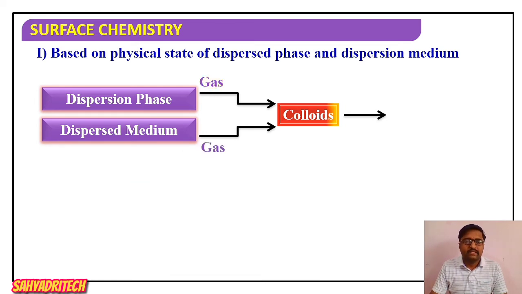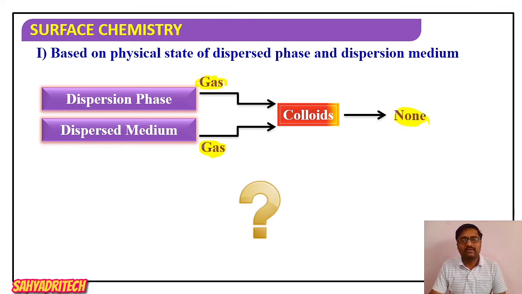Next one: if both the dispersed phase and the dispersion medium are gas, then what is that resultant colloid? What is the answer here? None. It means gas in gas does not constitute any kind of colloid.